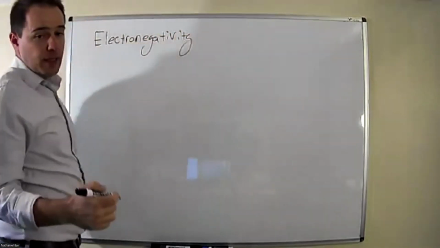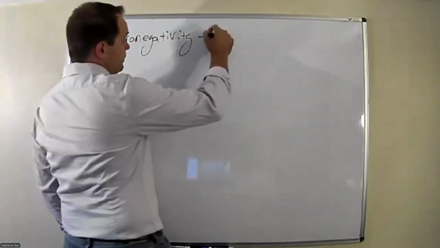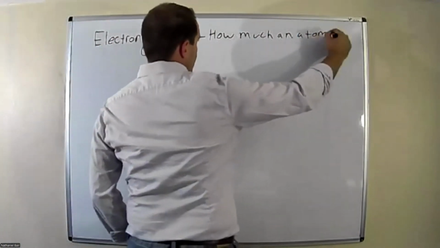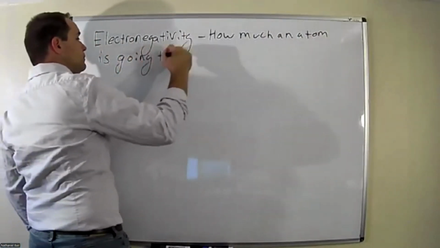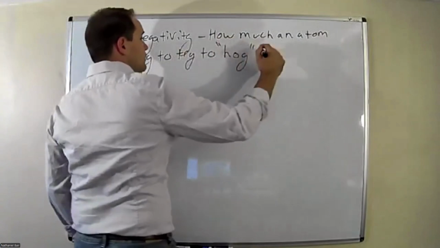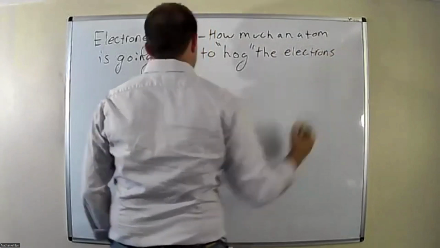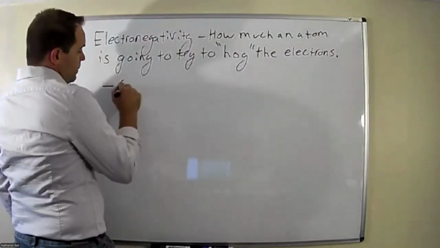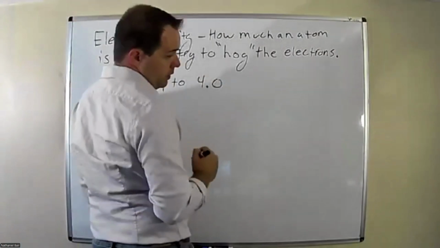What electronegativity tells you is how much an atom hogs the electrons, okay? Electronegativity goes up to 4.0.